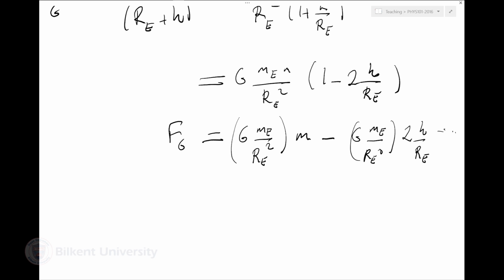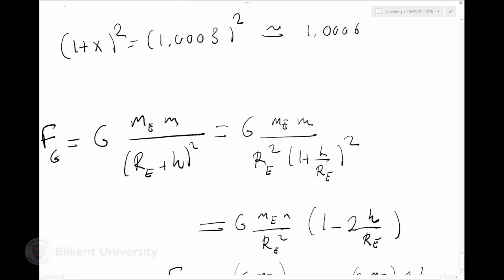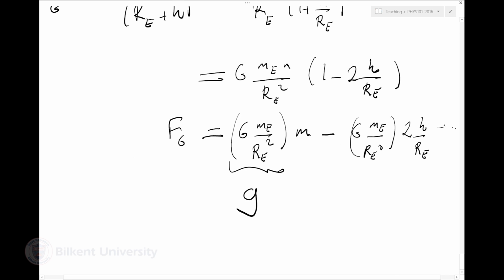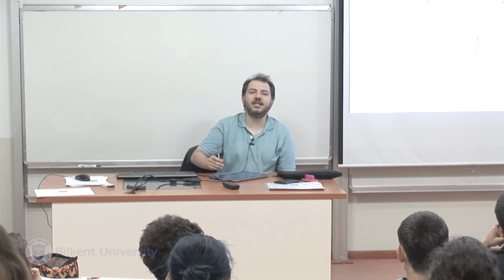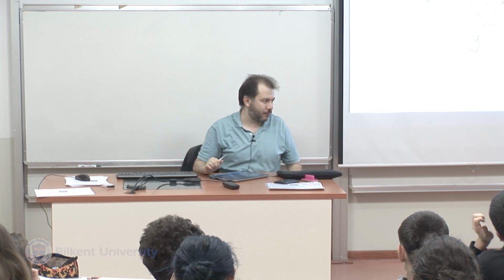So what is the first term? It's exactly what we use, mg. Okay? So what we call g, gravitational acceleration, is actually Newton's gravitational constant times m_Earth divided by r_Earth squared. So how about the second term? It tells me essentially that g gets smaller and smaller as I move away from the Earth. Okay?